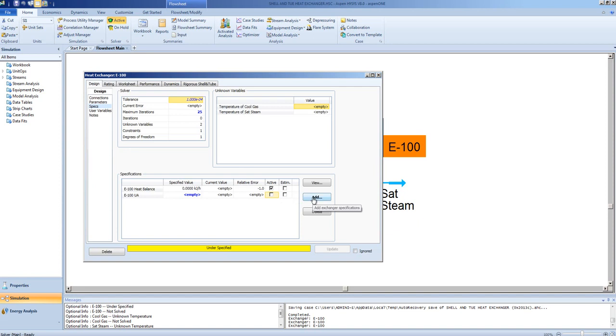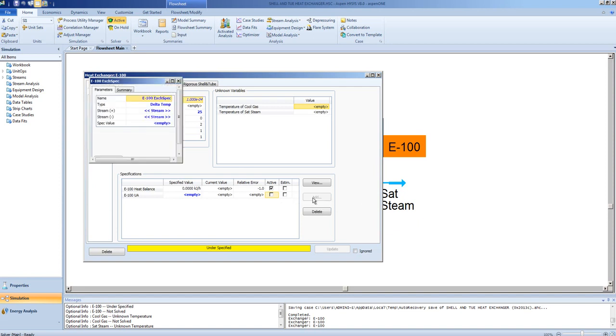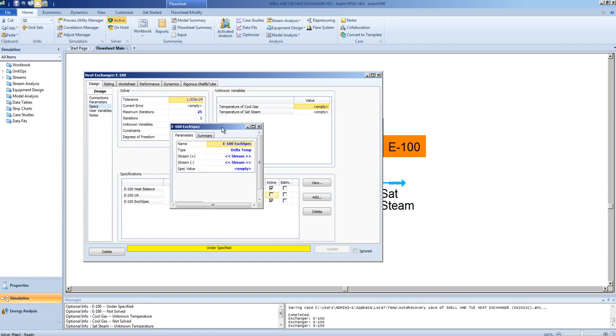We will now add a specification. We will add a specification such that we will place a temperature on the outlet stream, and the stream in question would be the cool gas.